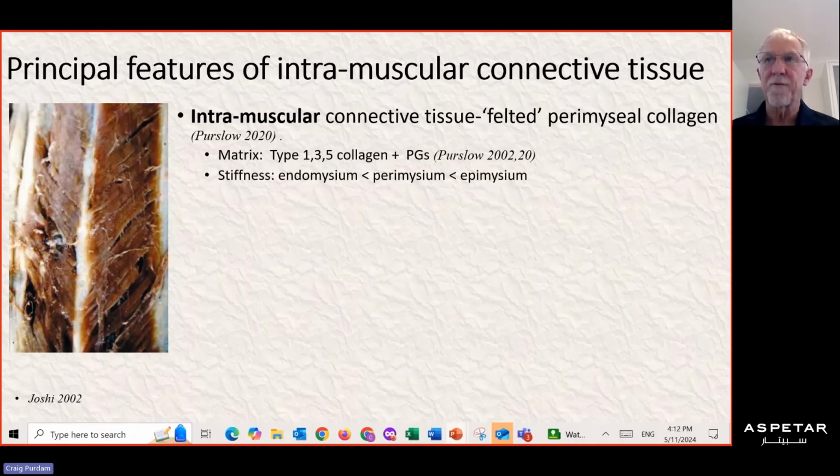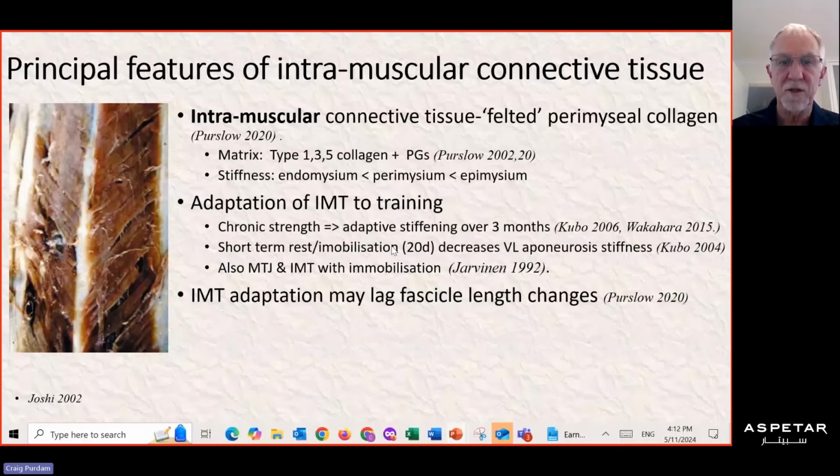So rather than free tendon, where we see this interfascicular gliding and we get strains of up to 6-8% or so, the intramuscular tendons or aponeuroses are much stiffer than that, particularly when the muscle's activated, and more on that later. The stiffness of the endomysium is quite compliant, epimysium is quite stiff, perimysium stiffness lies somewhere in between.